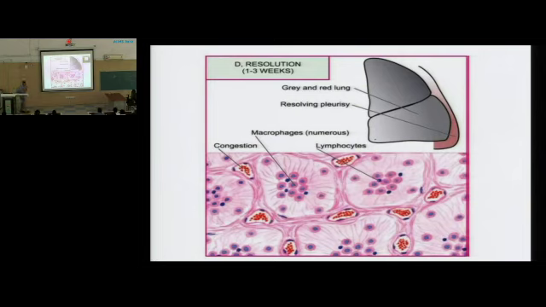If you see normal lung also, in the normal lung air spaces you can see a few macrophages. So in the stage of resolution, there will be a presence of macrophages and lymphocytes. And compared to previous images, the air spaces are almost free.